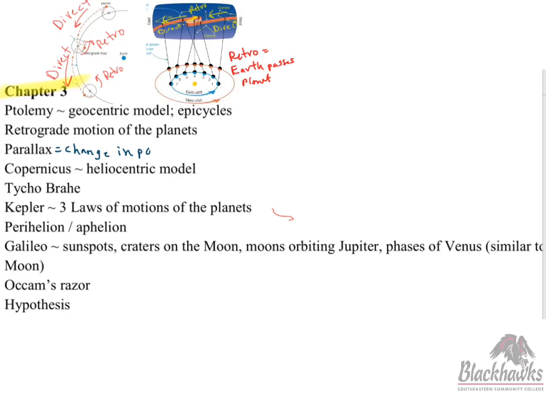And parallax. Parallax is a change in the position of an object that's relatively close or nearby relative to the background. The figure I used in lecture is shown up here: the man and the woman looking at the same tree, and their background happens to be mountains.